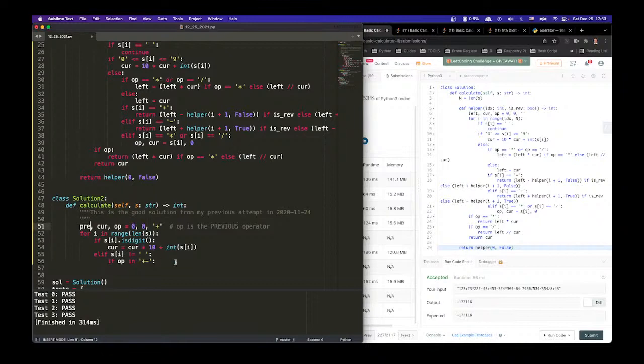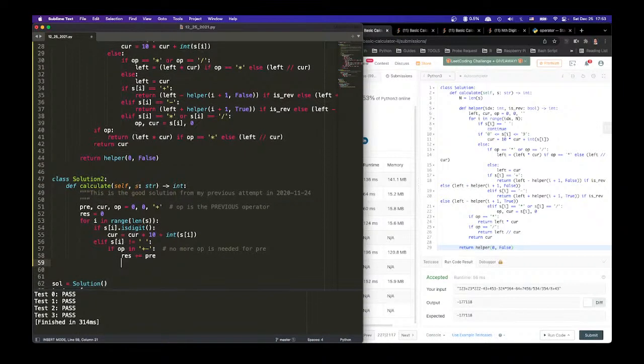No more operation is needed for pre. Therefore, we can go res plus equals pre, right?